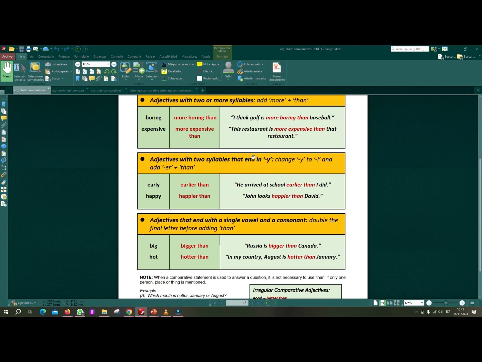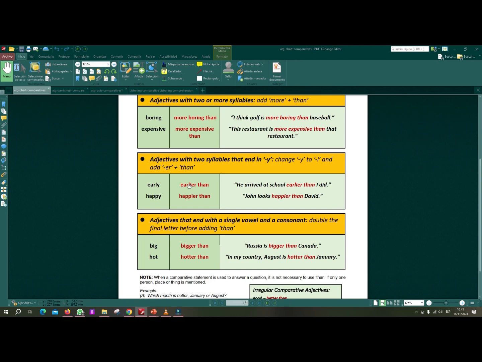And also the third rule, adjectives with 2 syllables that end in y, change y to i and add er plus than. En el caso de que ustedes tengan un adjetivo de 2 sílabas, pero que termine en y, en este caso usted va a cambiar esa y por i y agregar er.